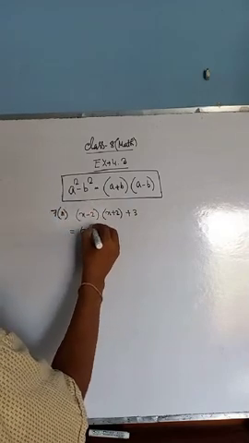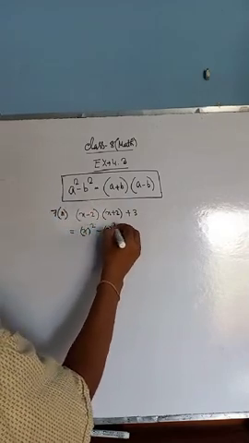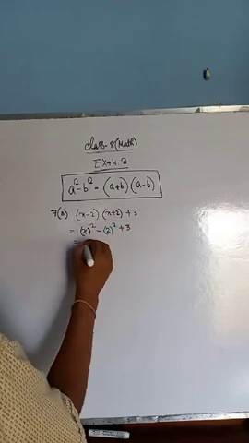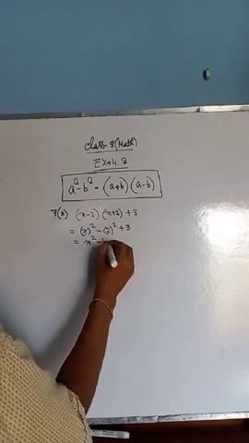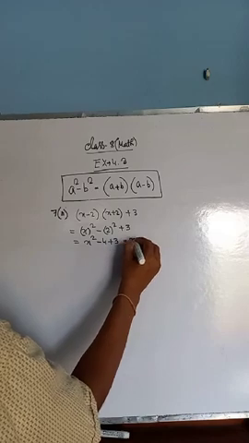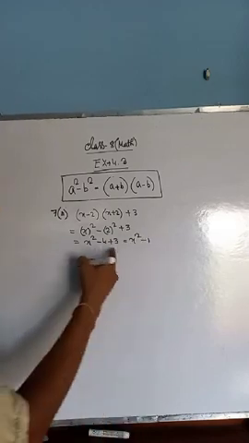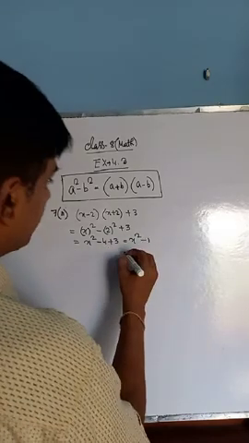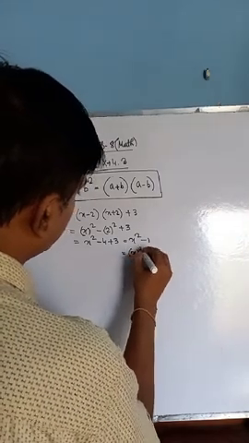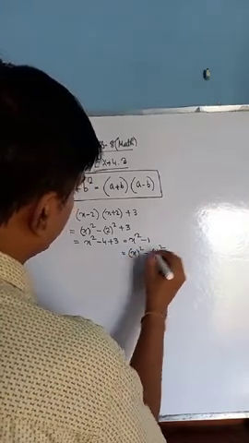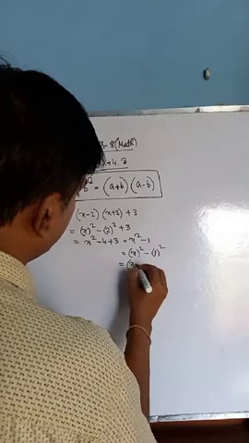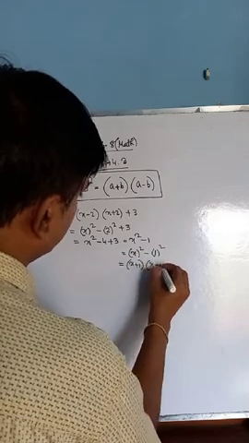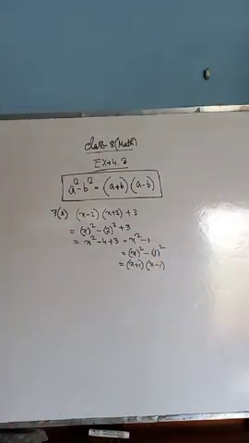So a square minus b square plus 3 gives x square minus 4 plus 3, that is x square minus 1. Why? Because minus 4 plus 3 is minus 1. Now next step, x whole square minus 1 whole square, so a plus b and a minus b, in reverse again you can do it. So in this way you can solve all of the problems from this chapter. Okay. Goodbye.